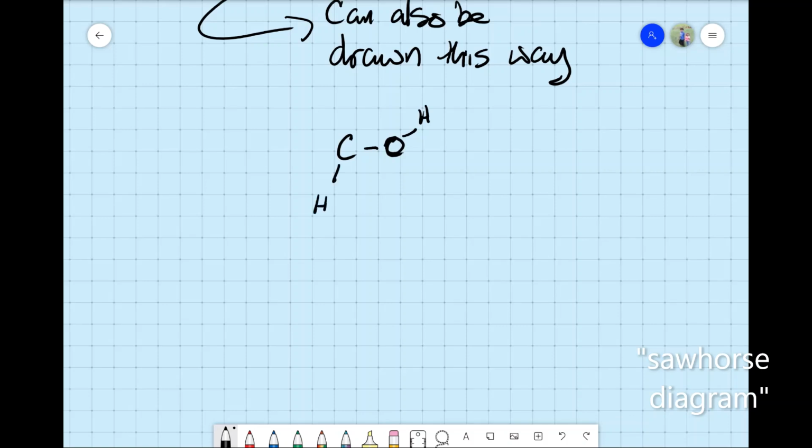However, when you see a solid arrow and a not solid arrow, some sort of dash, this means that this is coming out of the screen and this is going into the screen.